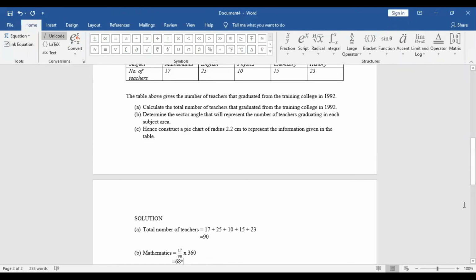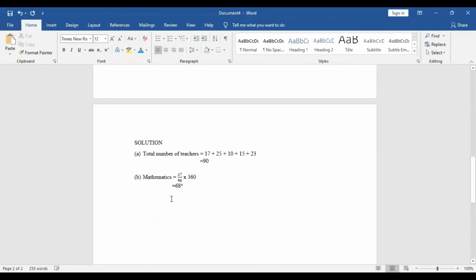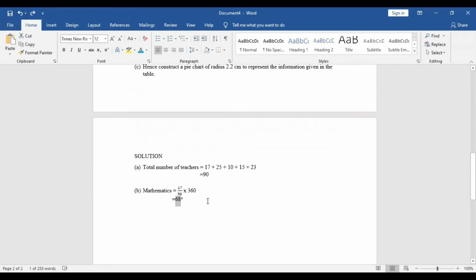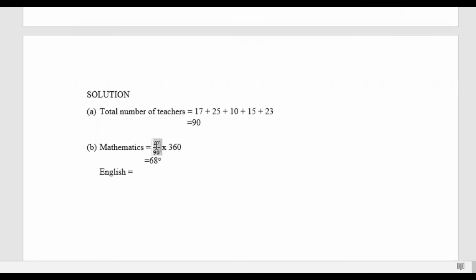Okay. And then we continue doing the same thing for the others. The other subject we have is what? English. So then we go ahead and calculate for English. English will now be what? The amount of English persons we have is 25.